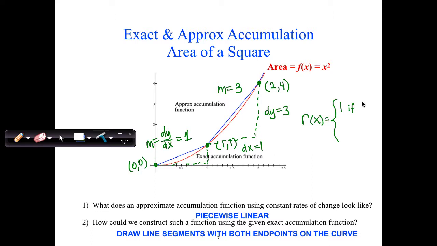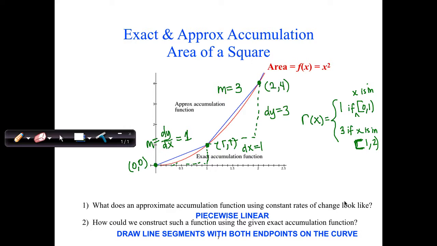I'm just going to use interval notation here, 0 through 1, because I don't have quite enough space, if x is in that interval. And it's 3 if x is in the next interval, 1 through 2. And then if I were to continue, I'd pick a new rate between 2 and 3 and so forth.